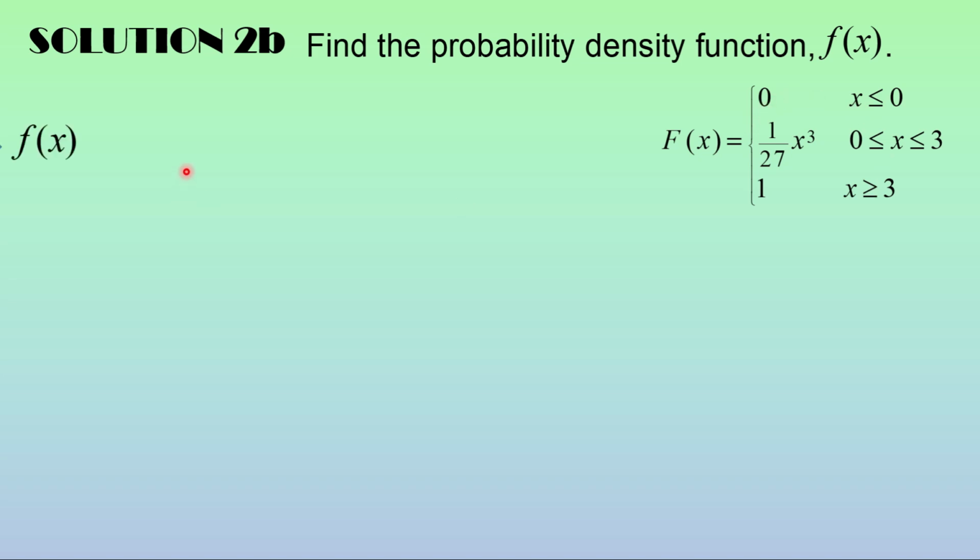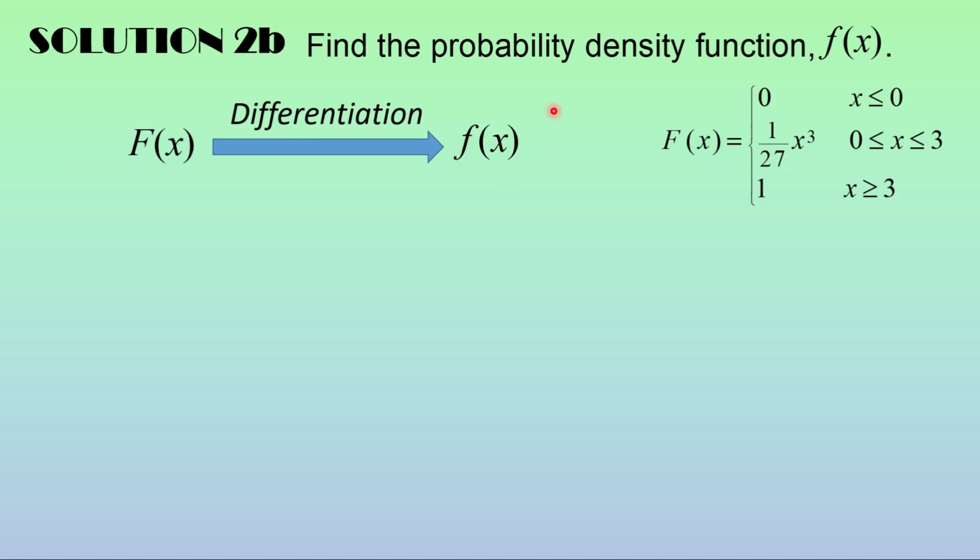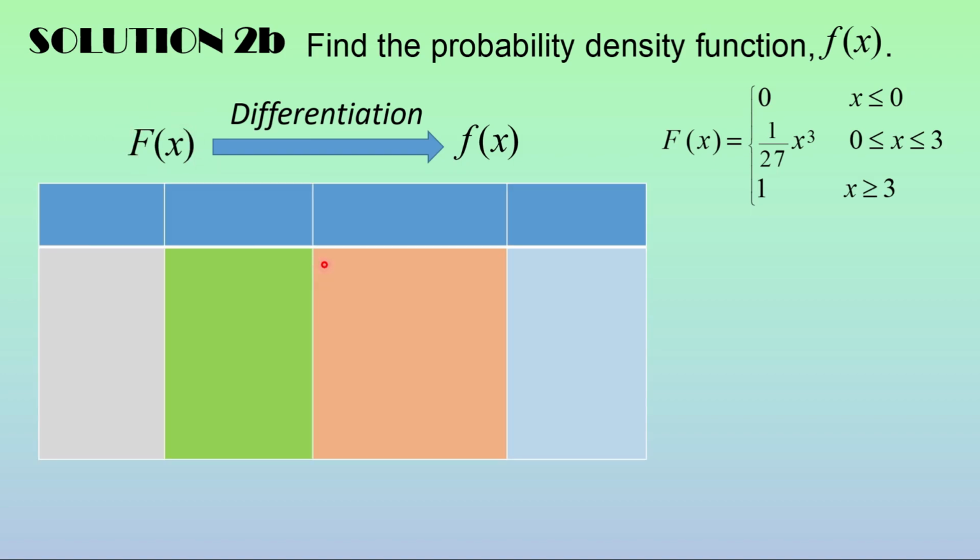Find the probability density function. This is the cumulative distribution function from 2a. The probability density function can be obtained by differentiating the cumulative distribution function. I will show the probability density function in table form.